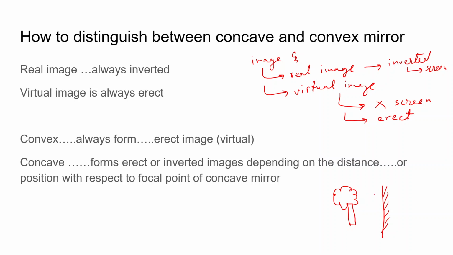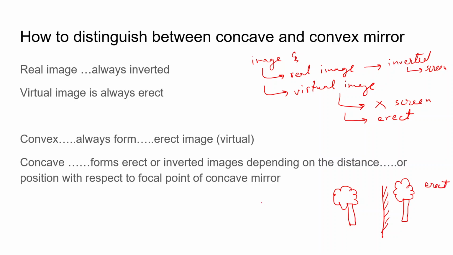We can only see it in the mirror. Of course, left and right of the image get inverted, but up and down is the same. If the object is like this, then the image will also be like this. So this is called an erect image.